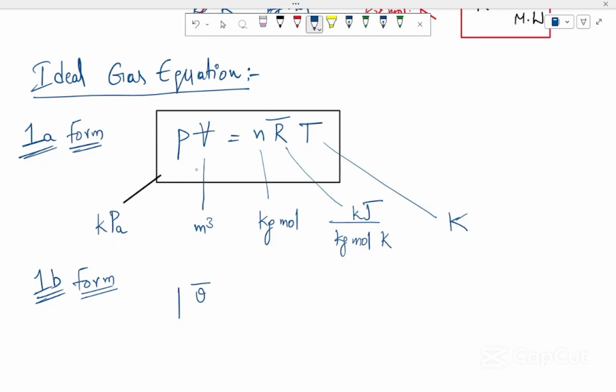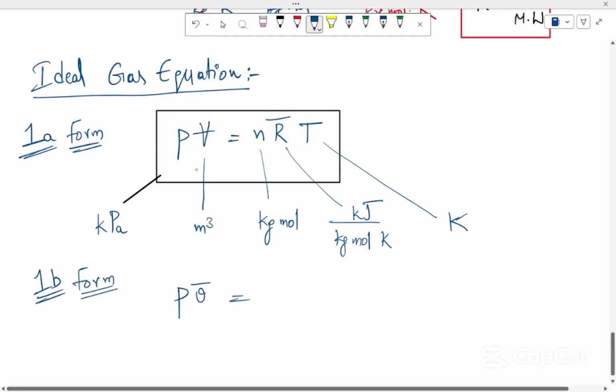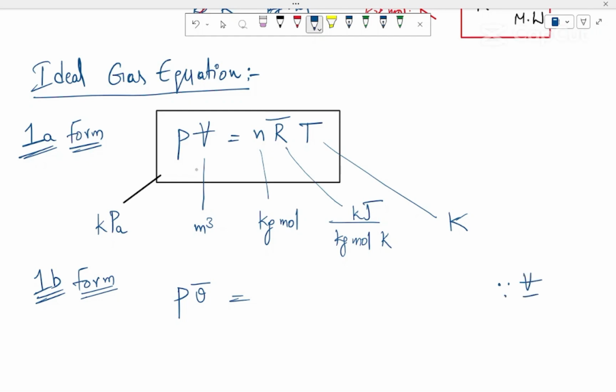So the small v bar is equal to capital V by N, which is nothing but my molar volume. Here I will not get any N part now; I'll directly go to R bar and T. So this is how I can write my ideal gas equation now.